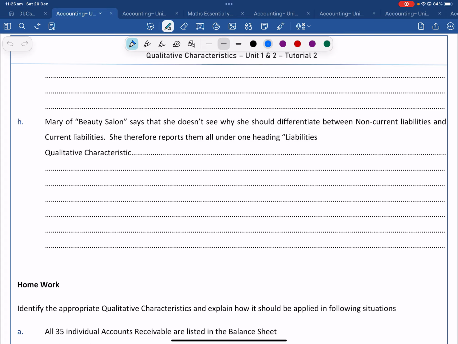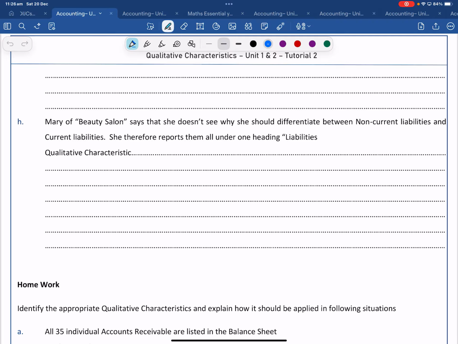So, is it understandability again? I thought the main point was understandability, but it also has some essence of relevance, since it says that she should differentiate, which would relate to how relevance states that financial information must be capable of making a difference to decisions made.